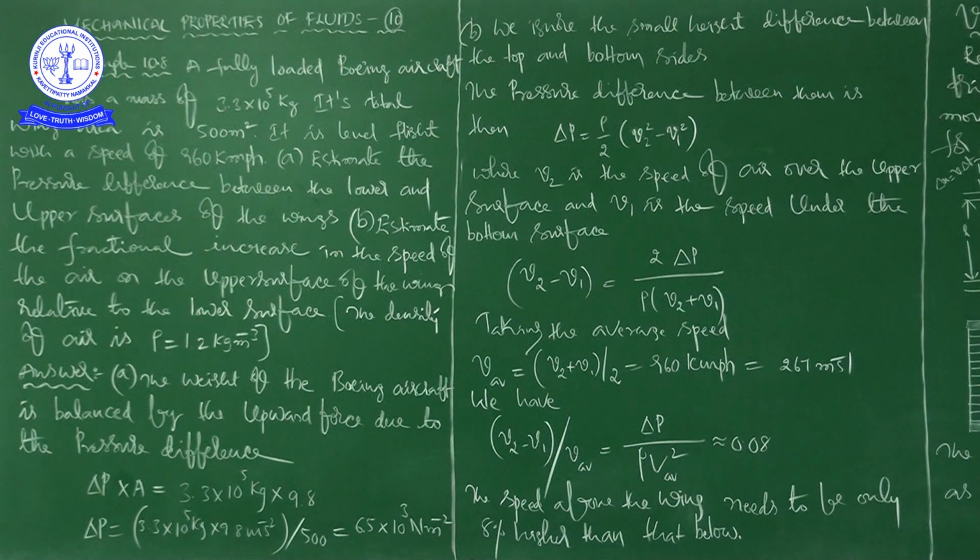In this problem, they have given the mass of the Boeing aircraft, wing area, speed of the flight and density of air. Four things they have given.